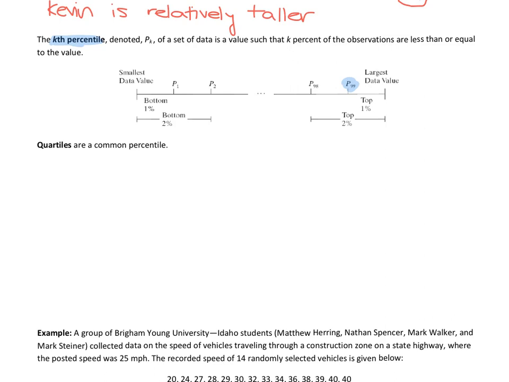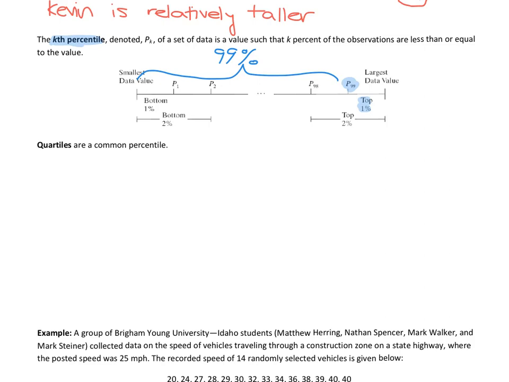It means a couple of things. It means we're in the top 1%. And it also means that we're more than 99% of the data. So 99% of the data would be below that value. Okay, so those are your percentiles.